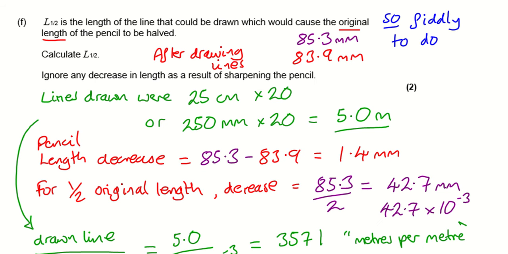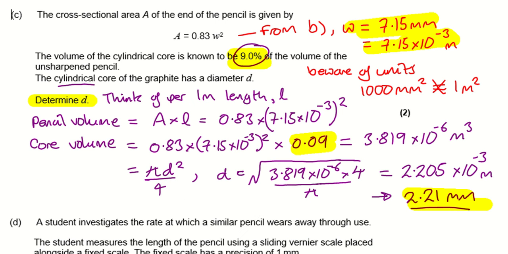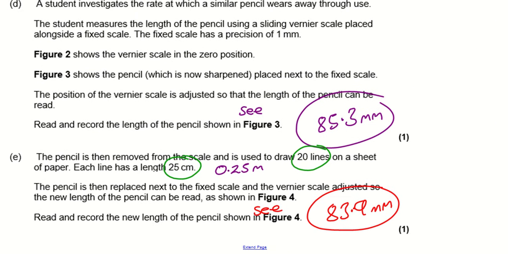Investigating how long it took to wear: 85.3, 83.9. They drew 20 lines 25 centimeters long, yet another unstandard unit. So 0.25 meters 20 times, and it had worn down from 85.3 to 83.9 millimeters.